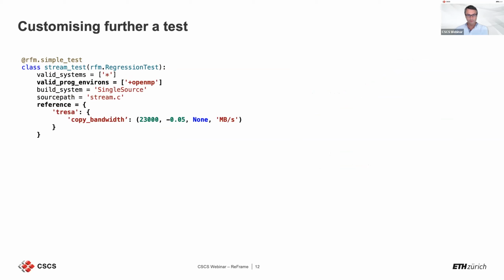So here is exactly what I just talked about. Here we say that this test is valid only for those environments that define this OpenMP feature. There is also a community discussion on whether we standardize those features so that we can exchange configurations, but that's in the very early stages now.